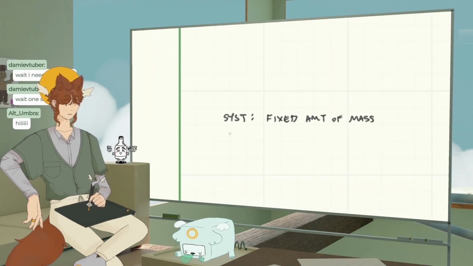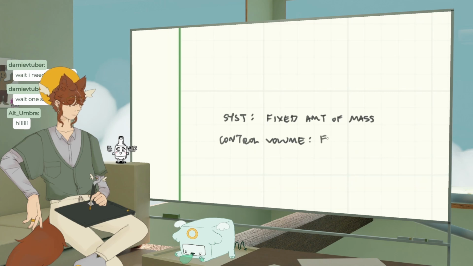But what we really want to do for fluids is analyze a control volume, which is not a fixed amount of mass. It's just a space, an arbitrary space.